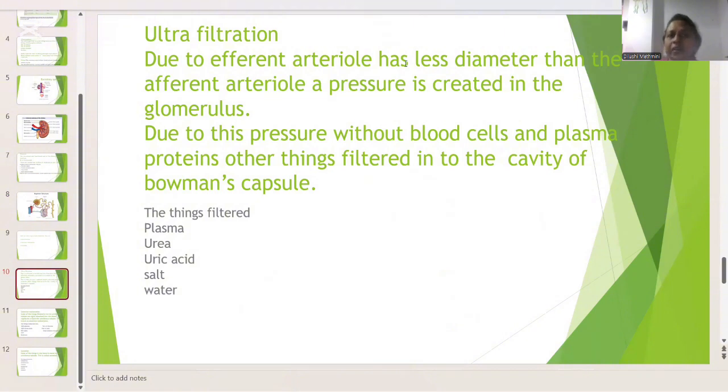Because the efferent arteriole has a smaller diameter than the afferent arteriole, pressure is created in the glomerulus. Due to this pressure, everything except blood cells and plasma proteins is filtered into the cavity of the Bowman's capsule. This process is known as ultrafiltration.